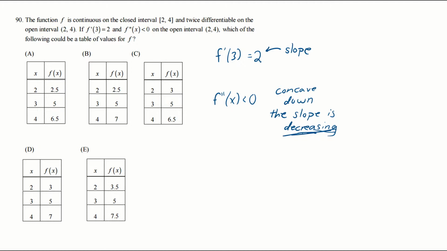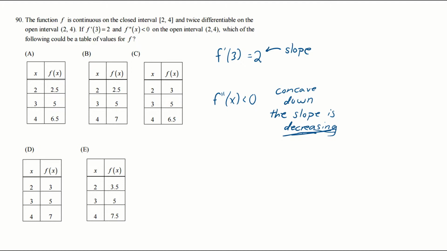That means as I go along from 2 to 3 to 4, the rate of change between 2 and 3 has to be more than between 3 and 4. Then the slope would be decreasing. I can just do the normal slope, the average rate of change, the secant line slope.